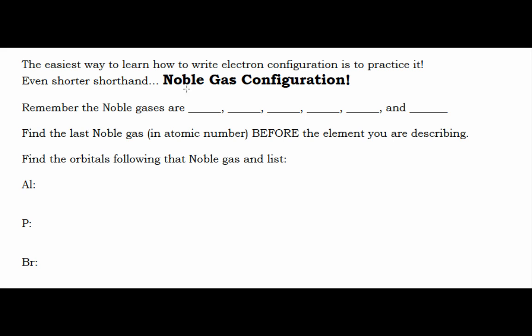So if you look back at your periodic table, remember the noble gases are helium, neon, argon, krypton, xenon, and radon. So the thing you're going to do this time is you'll find the last noble gas in atomic number before the element you are describing, and that noble gas will represent the whole electron configuration up to that point. So find the orbitals following the noble gas, and we're going to show them.